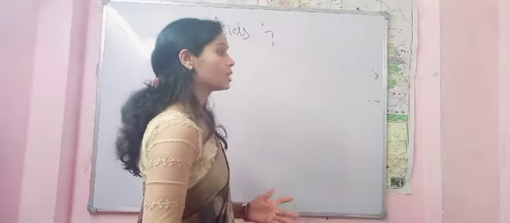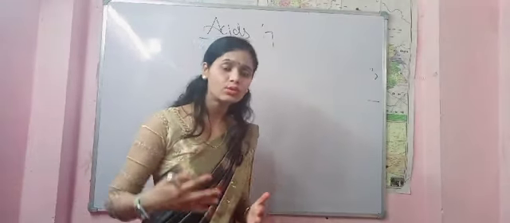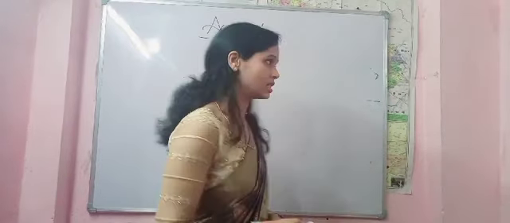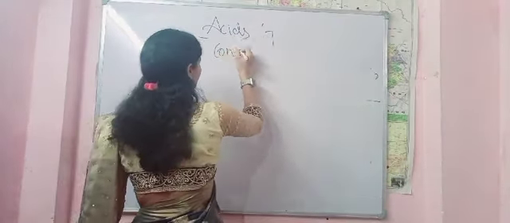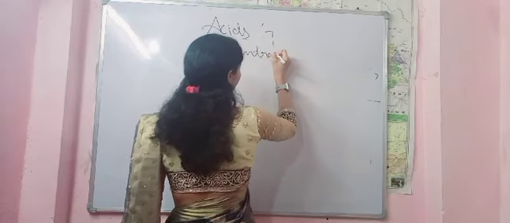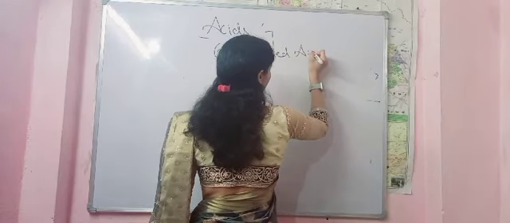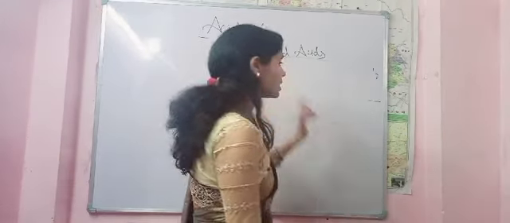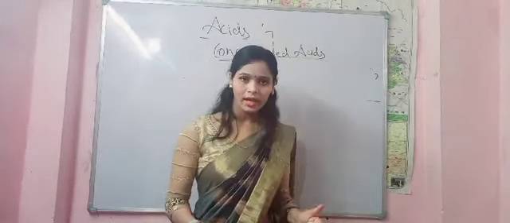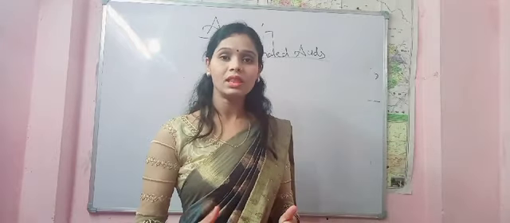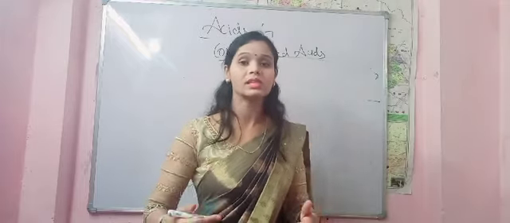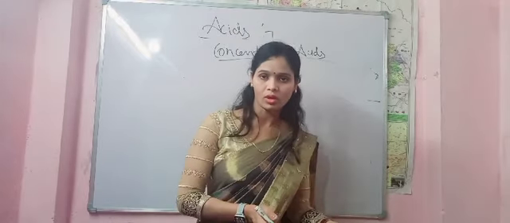Let us see how to dilute an acid if it is concentrated. Let me tell you what concentrated acids are. Concentrated acid means the concentration of acid is higher than that of the water.